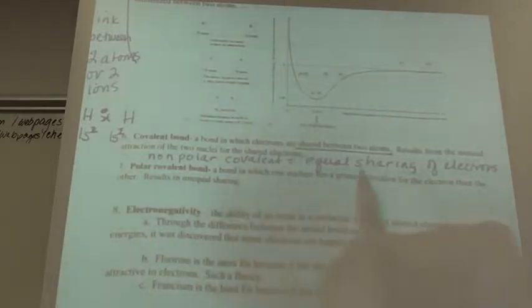It's a nonpolar covalent. Now, a polar covalent is a bond in which one nucleus has a greater attraction for the electron than the other. That would be unequal sharing. That would be a hydrogen bonding with a fluorine. Fluorine has 7 valence electrons.